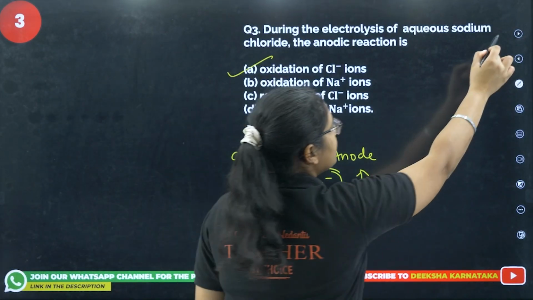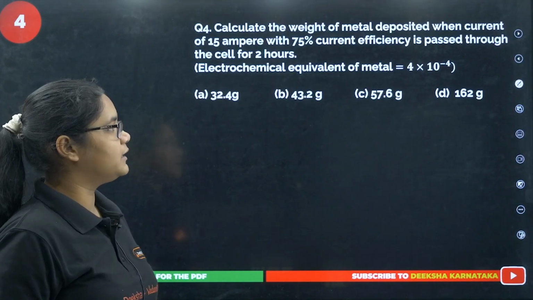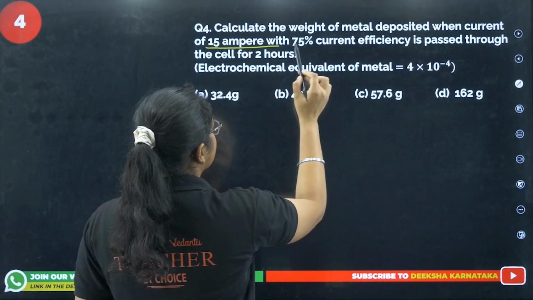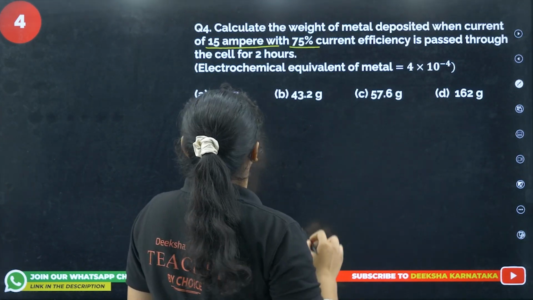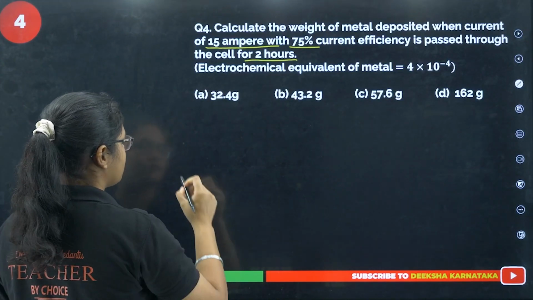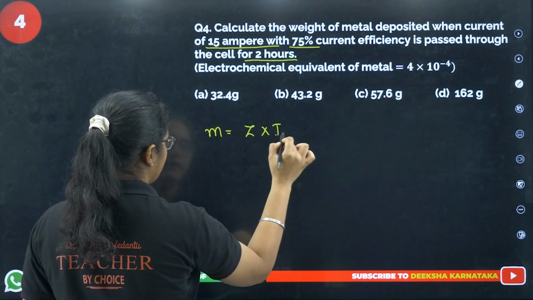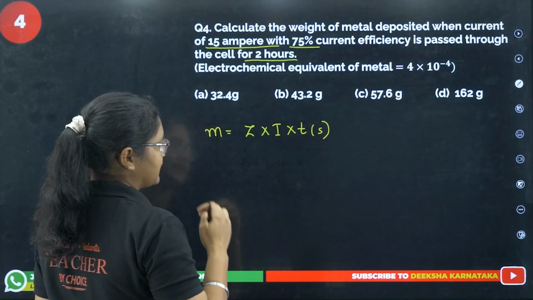Next, calculate the weight of the metal deposited when a current of 15 ampere is passed with 75% current efficiency for the cell for 2 hours. Here we will again use the formula of Faraday's first law. M is equal to Z into I into T. Here you should remember time is in seconds, right?